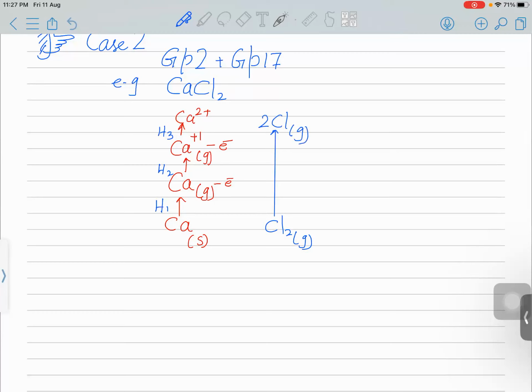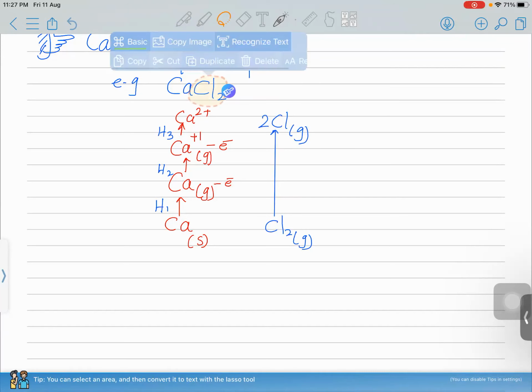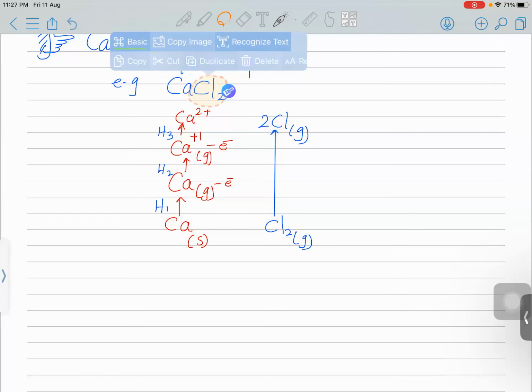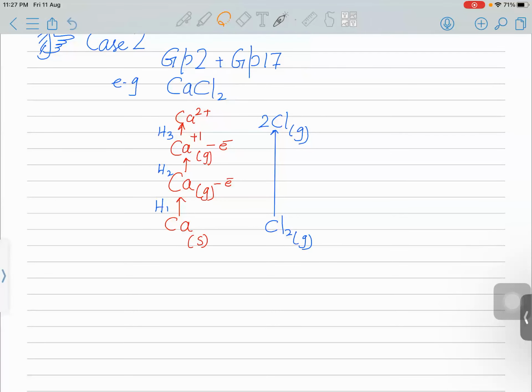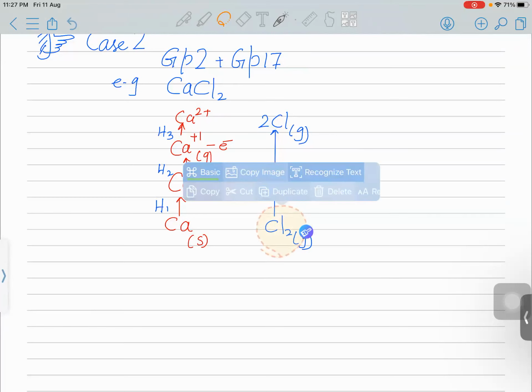Alia, are you getting my point? Here you have two chlorine atoms, so if two chlorine atoms are given, why divide by 2? It should match the number of atoms given in the question. It can't be one.